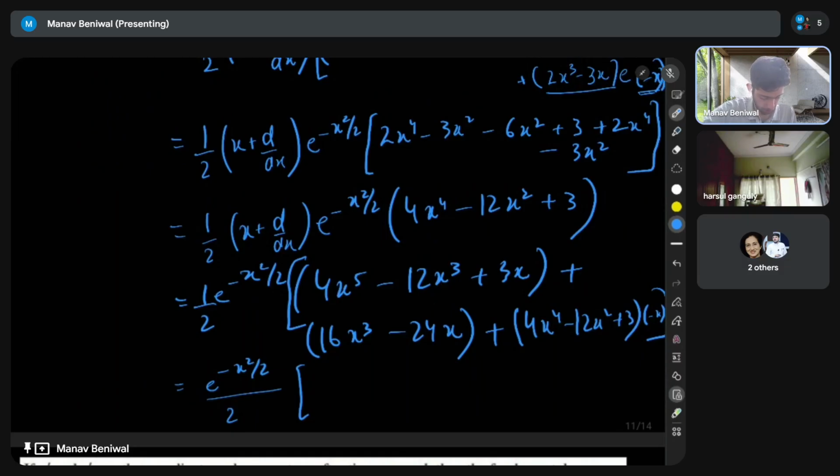So this is minus 12 plus 16, so this is 4x cube, and then this is 4 plus 12, so this is 16x cube. Okay, so this is plus 3x and minus 3x, so both of them will cancel out, and we'll have minus 24x.